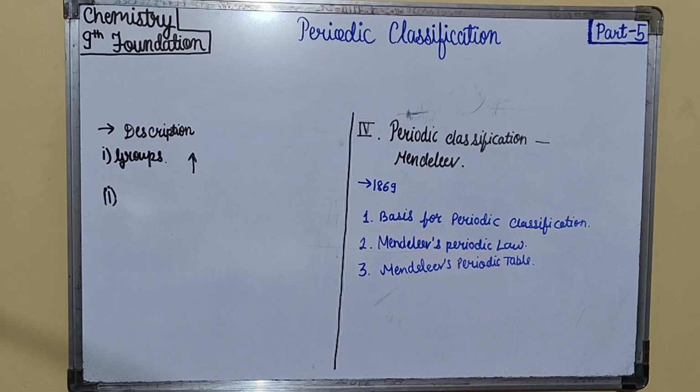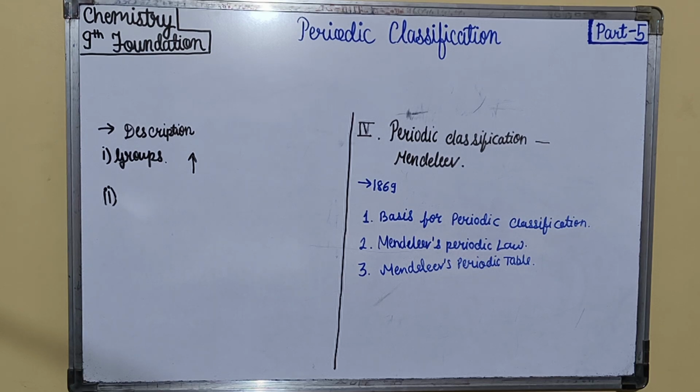The first half of the elements are placed in the upper left corner and the second half in the lower right corner. For example, the elements occupying the box corresponding to group 1 and period 4 are potassium and copper. Potassium is written at the top left corner, while copper is written in the lower right corner.